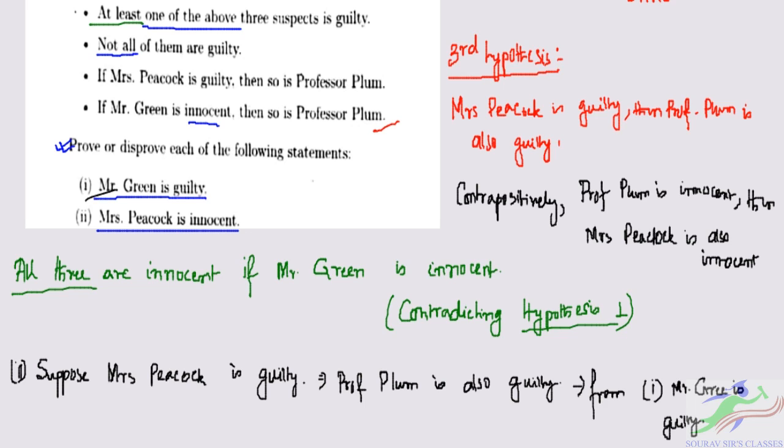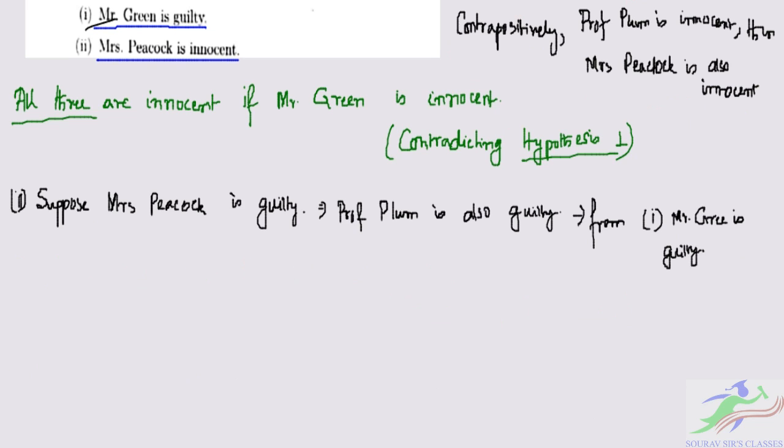So this contradicts hypothesis 2. Okay, so from here we can conclude that Mrs. Peacock is guilty, Professor Plum is also guilty, and from where we can say that Mr. Green is also guilty. So the conclusion is that all three are guilty, right?